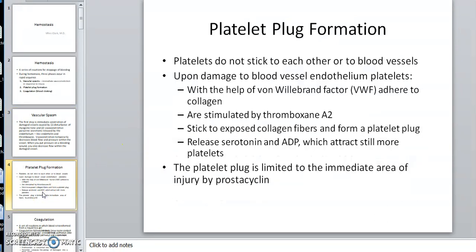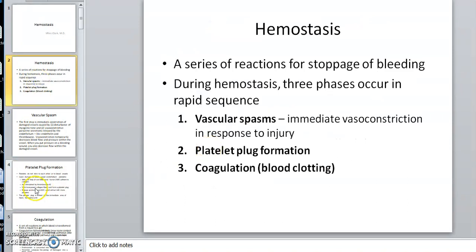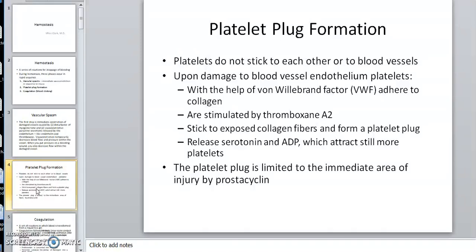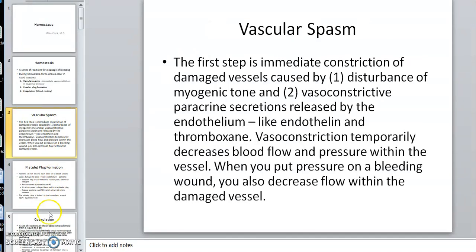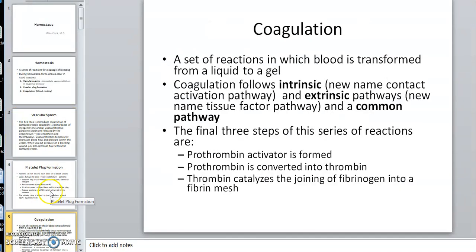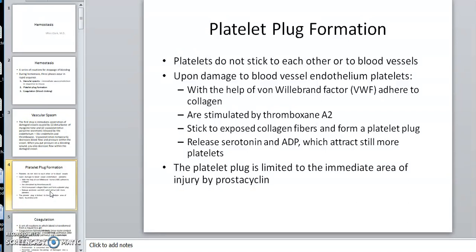Platelet plug formation. We don't have to say much on that. We already did that. We said that the platelets were second in line, but they played a pivotal role in not only vascular spasm, but also coagulation. Because what the platelets initially are going to do is form a platelet plug, like a cork.